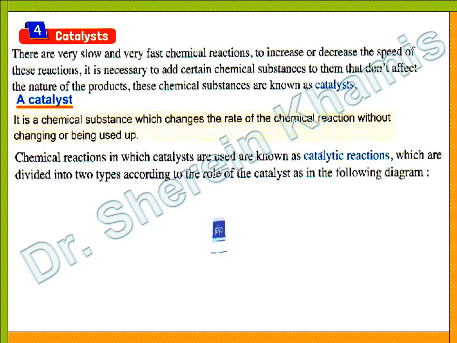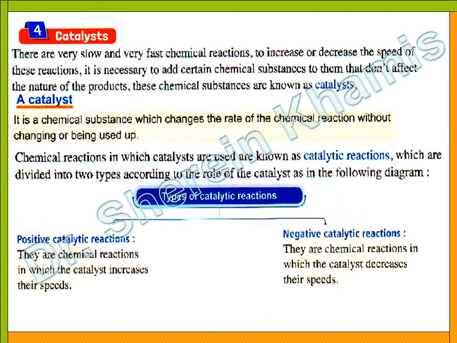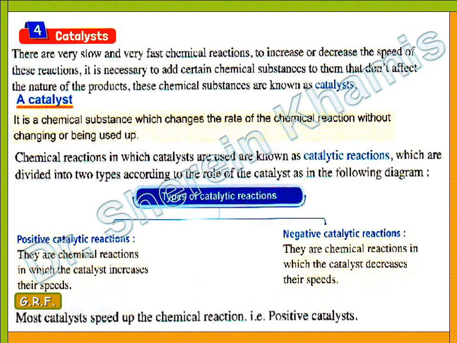And we have two types of catalytic reaction: positive catalytic reaction and negative catalytic reaction. In a positive catalytic reaction, the catalyst increases the speed, and we give reason. And also, a negative catalytic reaction decreases the speed of reaction. Give reason. Most catalysts speed up the reaction.